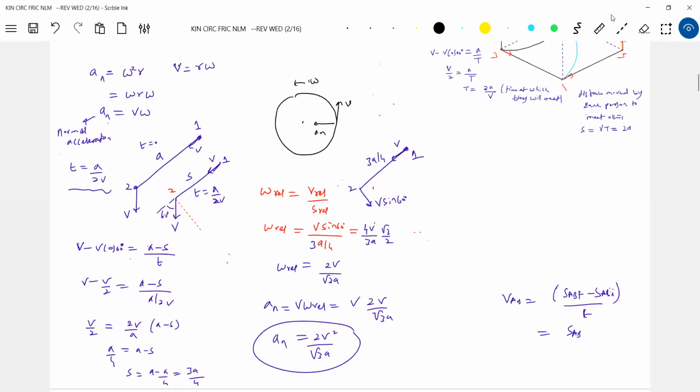Okay, sir. There's a condition. This is something very important because of the basic formula, like long back in uniform relative motion, I explained here. Even S relative, VAB will become SBA by T, because final separation minus initial separation.